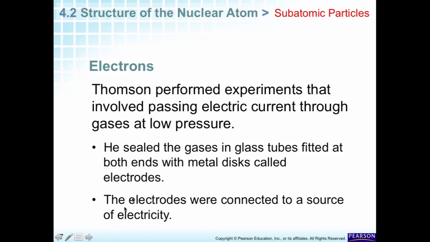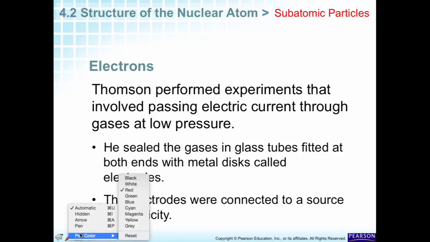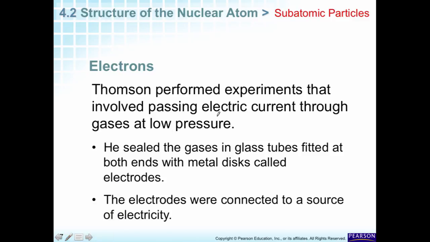Okay? So he experimented by passing an electric current through gases at very low pressures. So he had the gases in a glass tube, and at the ends he had metal discs, which he called, you got it, electrodes.